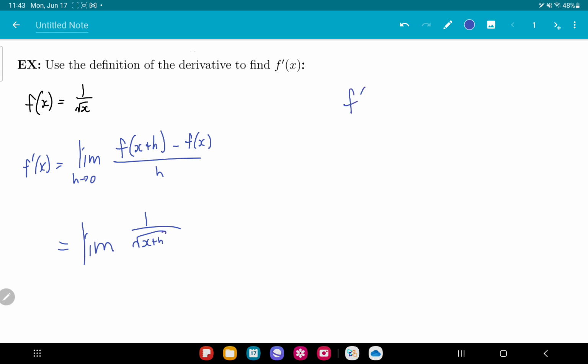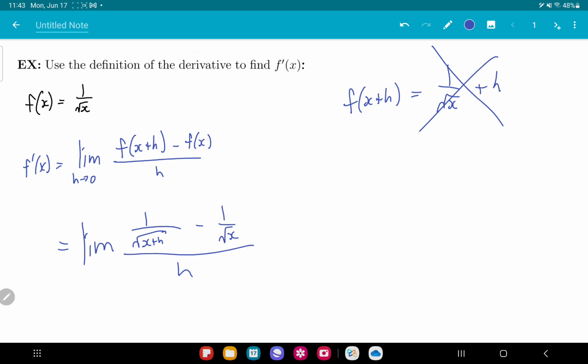And a common mistake is to write f of x plus h is this, which is no good. Okay, next. f of x is easy, it's just this thing. And all this is divided by h.